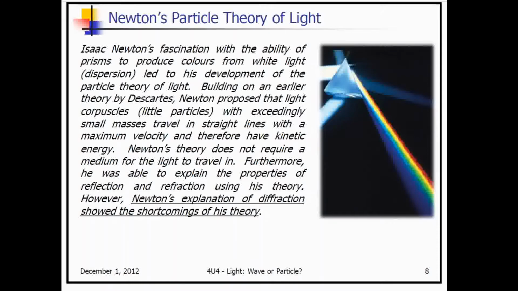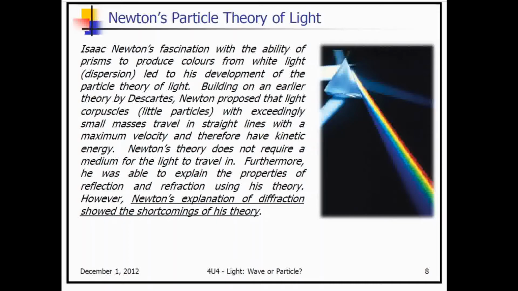So let's go back to space. The big problem with the wave nature of light was that we've talked about waves, and we know that waves can only travel in a medium because it's energy traveling by moving particles around.